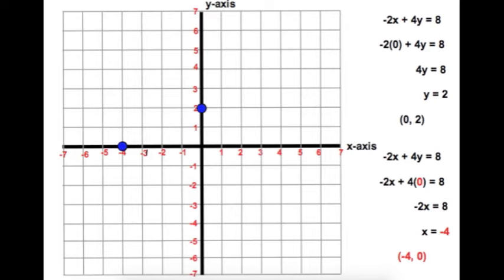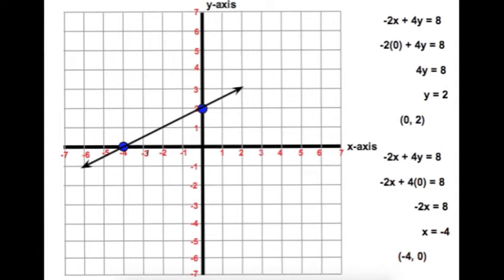The second point on the coordinate plane represents the ordered pair (negative 4, 0). This is our x-intercept because it is the point at which our line will cross over or intersect the x-axis. Now that we have 2 points, we can draw our line. This is the line that represents the equation negative 2x plus 4y equals 8.